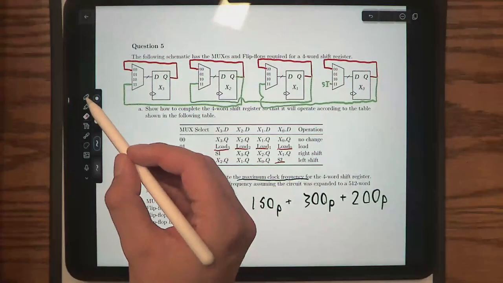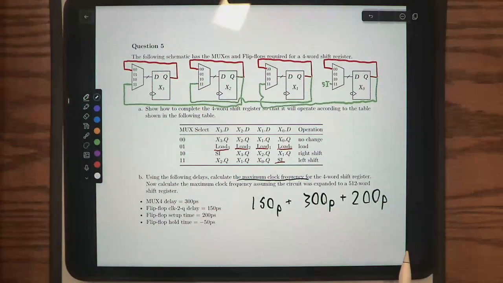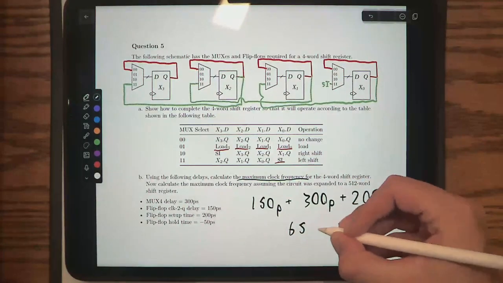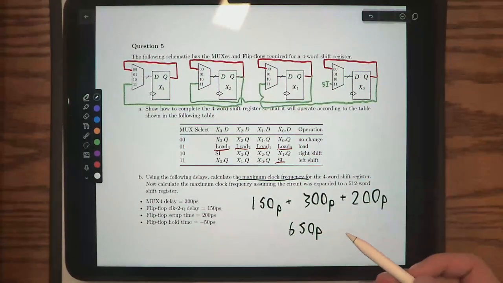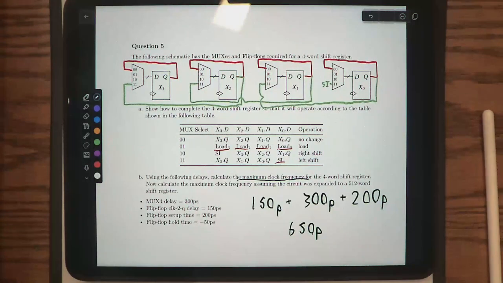Okay, so this now is the full delay. What is this added up? Yeah, I think this is 650 picoseconds. Okay, and then what is that now converted to maximum clock frequency?